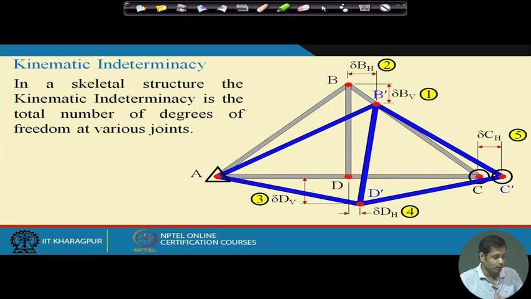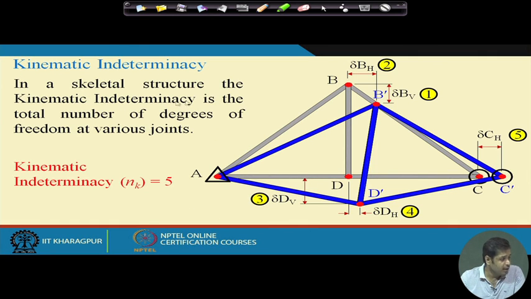Okay, it is supported. So, in this problem, the kinematic indeterminacy is 5. Okay. So, the kinematic indeterminacy is the total number of degrees of freedom at various joints. So, we know the total degrees of freedom we have at various joints, and that would be the kinematic indeterminacy.